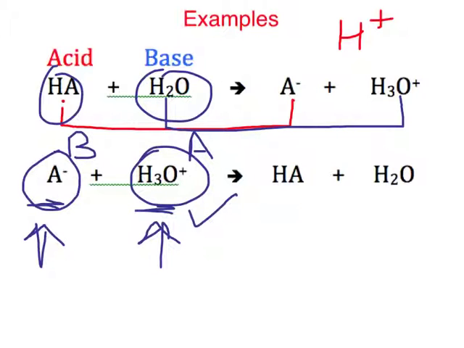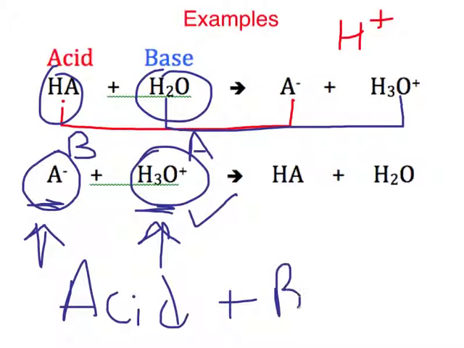So this brings up an interesting concept in Bronsted-Lowry terms. First of all, we have acids that donate protons and bases that accept protons. But every single reaction that involves an acid also involves a base.